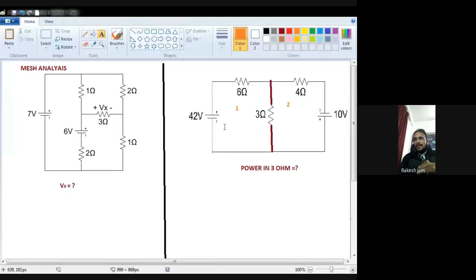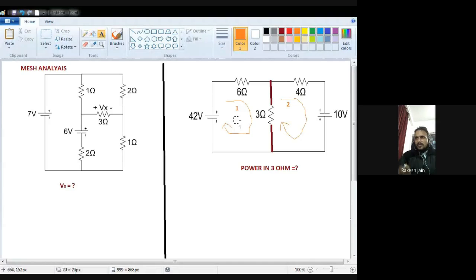Let's suppose I draw the current clockwise in this mesh. It should be in the same direction in every mesh, because there are two meshes.